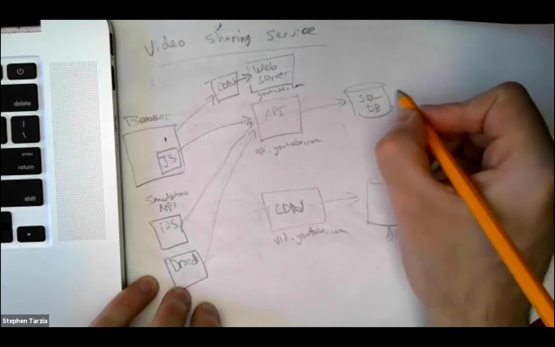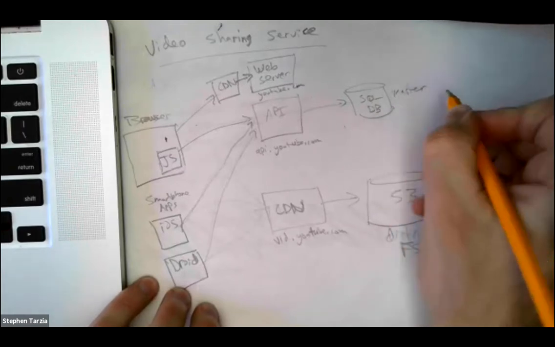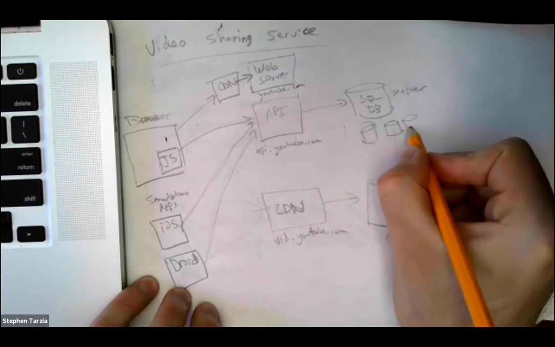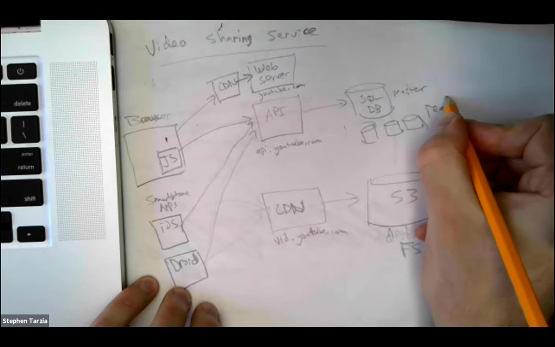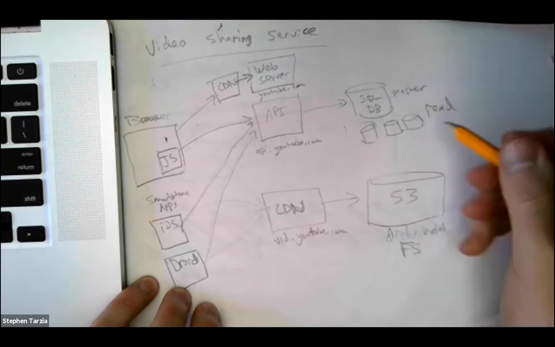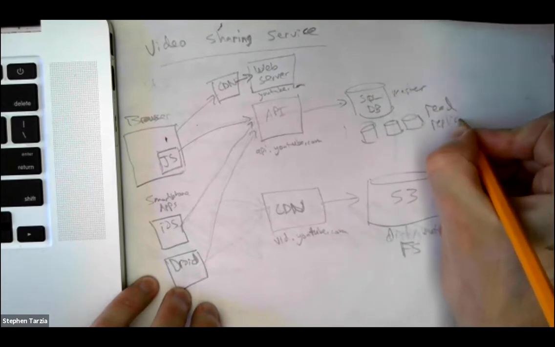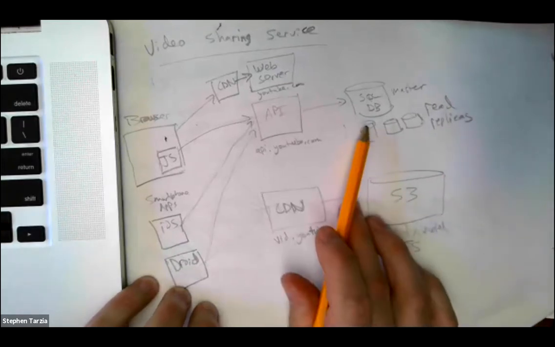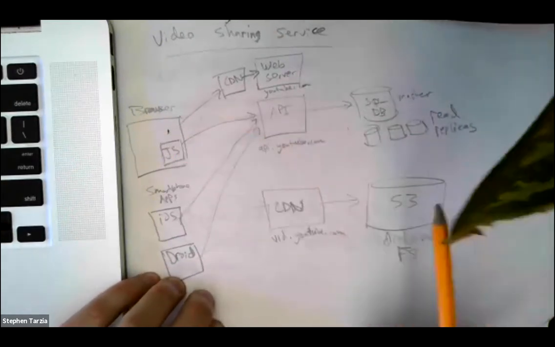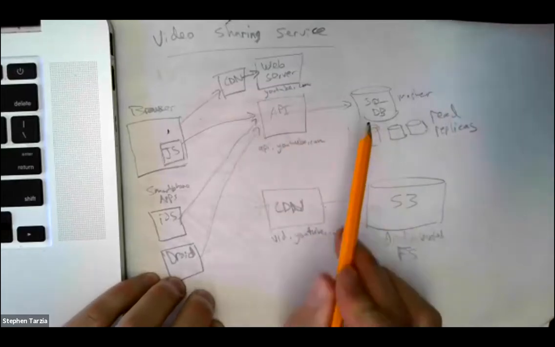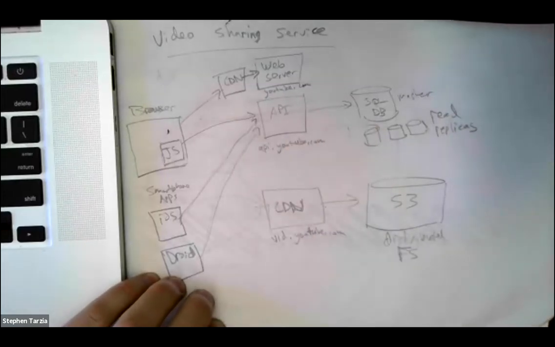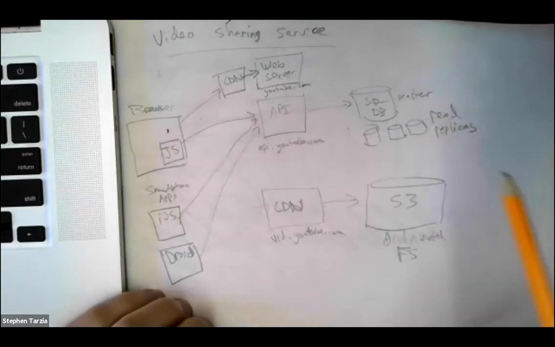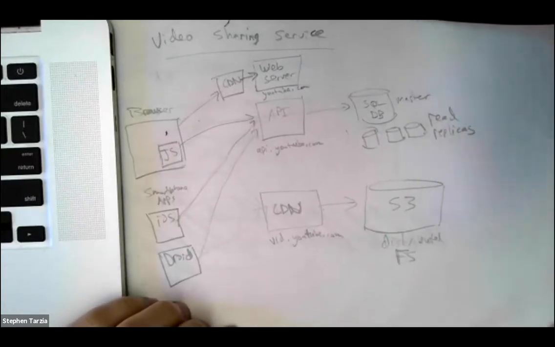And then we're going to have a master, and we'll have some replicas. I decided to use SQL just as a default option here because I don't anticipate there being a lot of writes. I mean, if you actually are at the scale of YouTube, there would be a lot of writes, so maybe you would need to switch this from SQL to another kind of database.